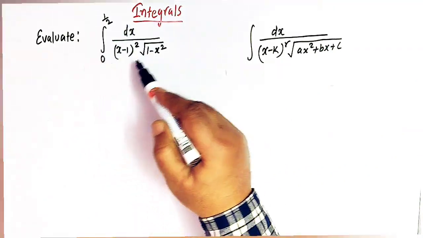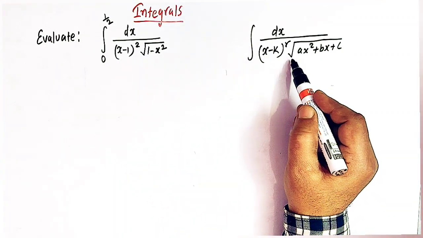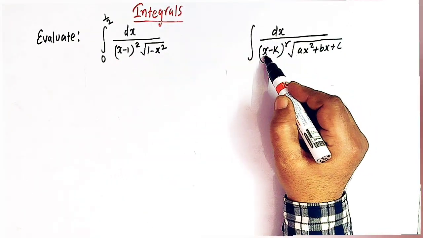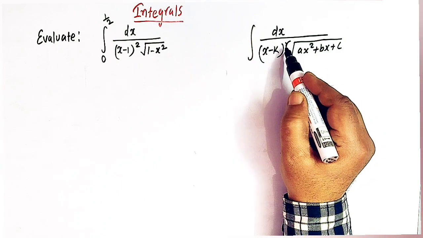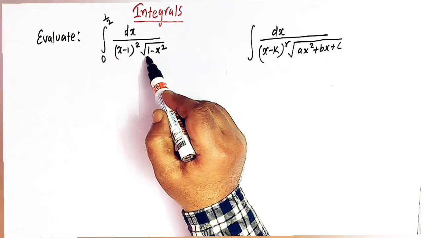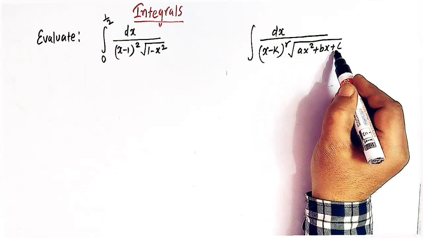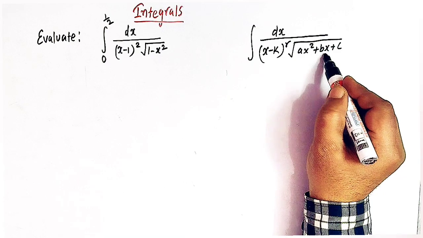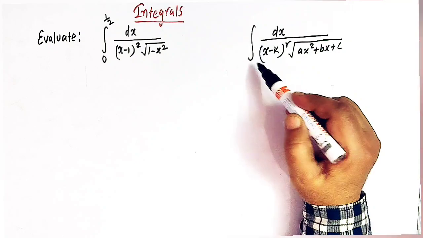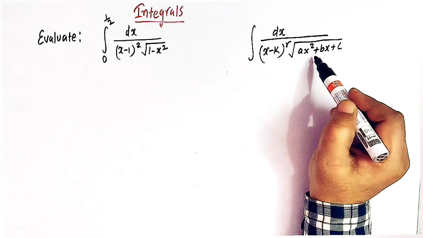Here we have x minus 1 raised to 2, so x minus k raised to r, and inside the square root sign we have the quadratic 1 minus x square, like ax square plus bx plus c. So let us see how we can integrate functions of this form.